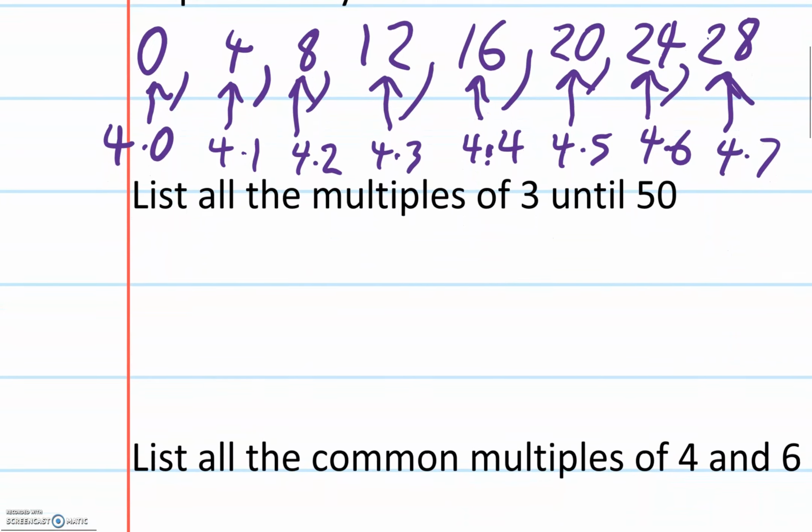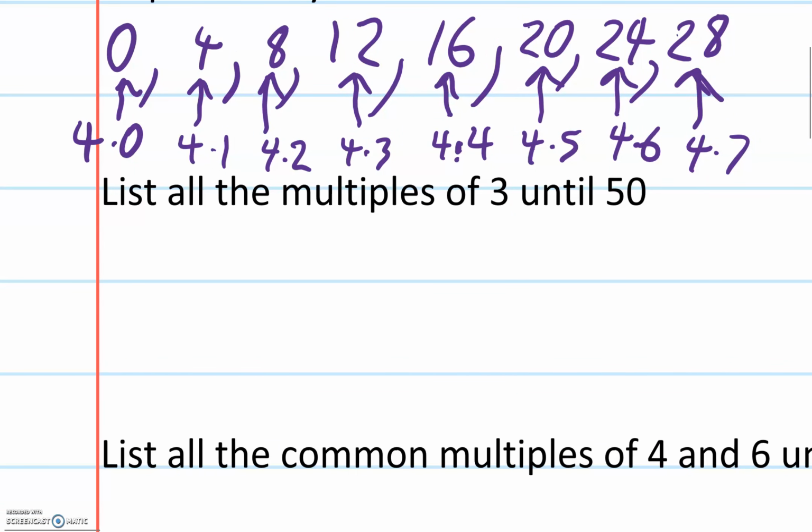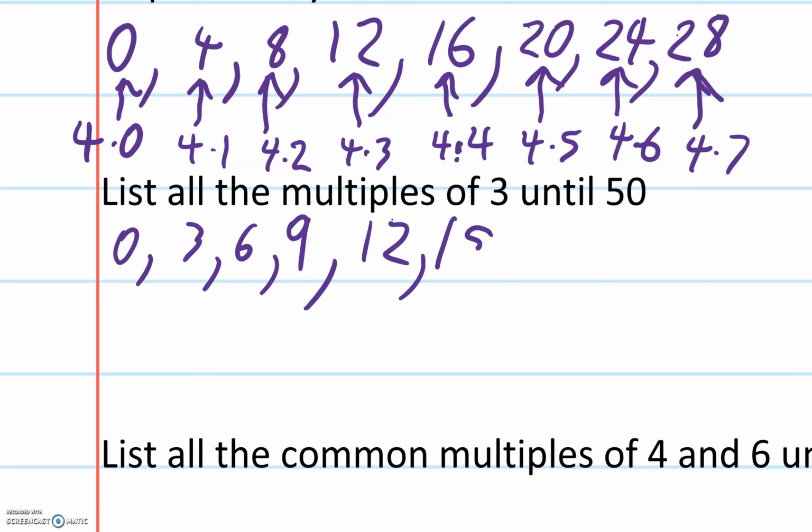It says, list all the multiples of 3 until 50. So this type of question, we would start 0, 3, 6, 9, and you get the picture, right?